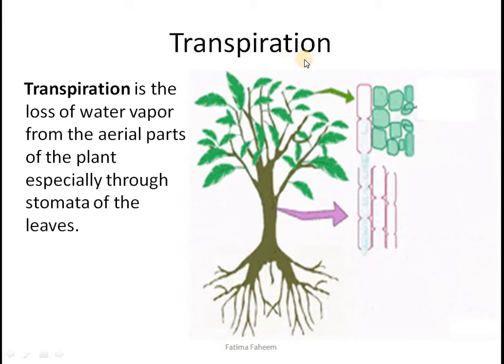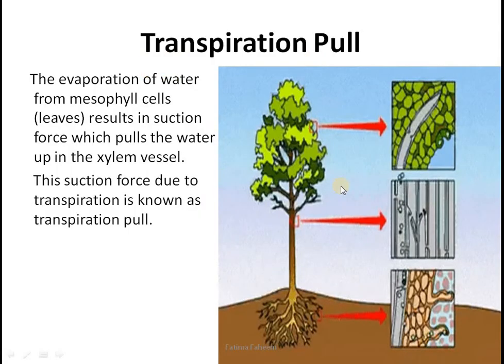This is called transpiration. What is transpiration pull? This is the suction force which is created in the xylem vessel caused by the transpiration. You see here in the diagram, I have tried to show you how water is being absorbed from the root hair cell, and then it is taken up against gravity into the xylem vessel, and then it goes into mesophyll cells and then into air spaces and then out from the stomata into the environment.